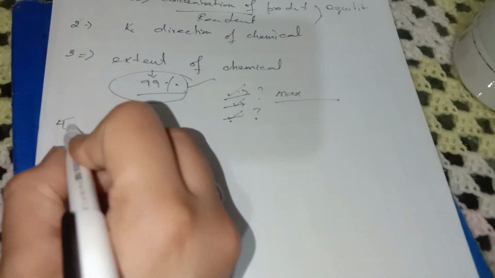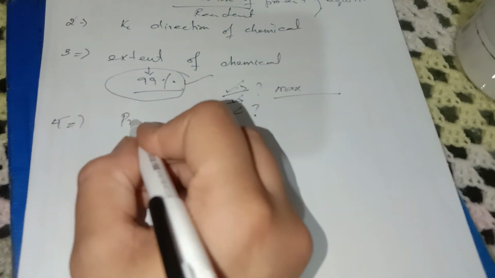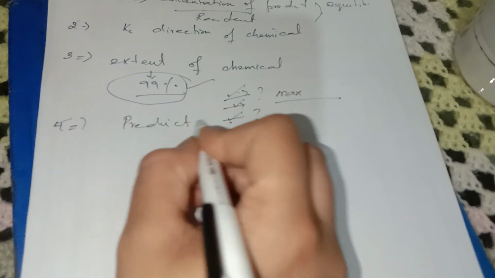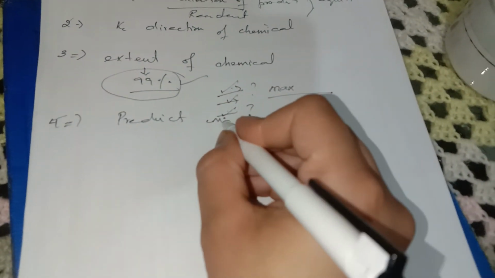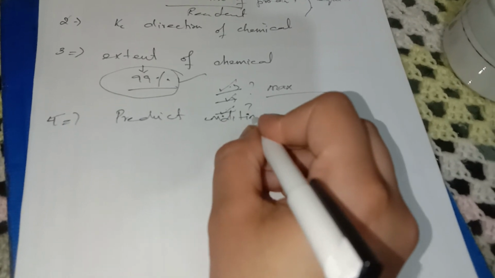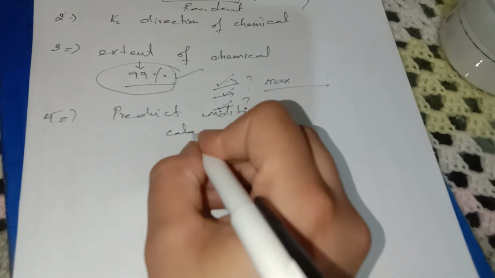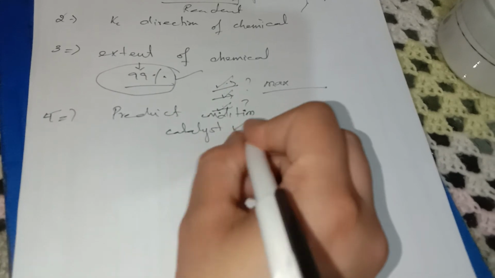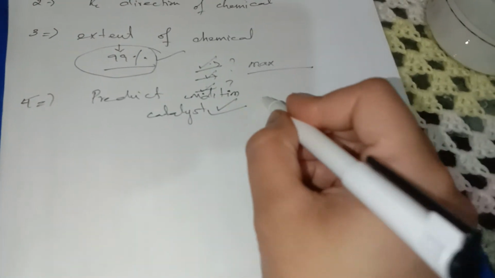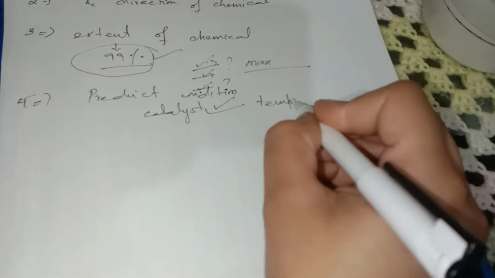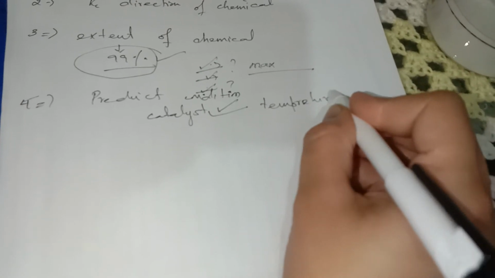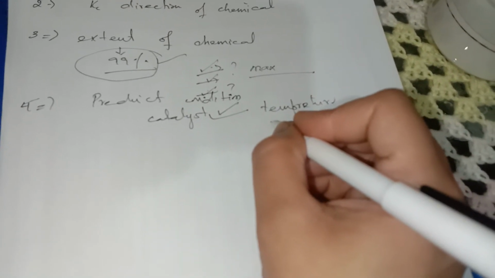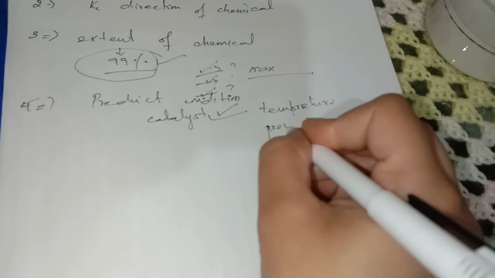And the fourth thing is that it can predict the effect of the conditions applied. What are the conditions applied during a chemical reaction? After the catalyst, which is necessarily used in a chemical reaction, we have temperature and pressure, on which the Kc depends very severely.